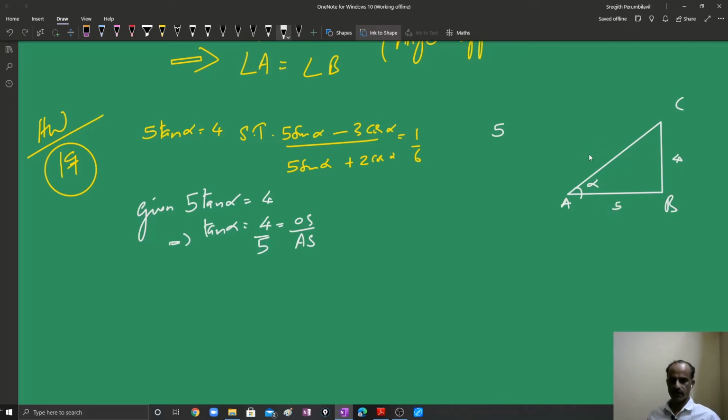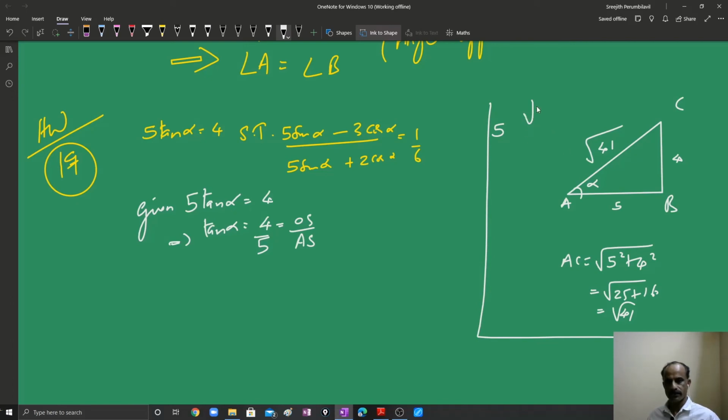We can find this side. AC is equal to root of 5 square plus 4 square, 25 plus 16, 41. Root 41. Now you can find sin alpha, cos alpha and substitute there, and show that it is equal to 1 by 6. This is our usual story.